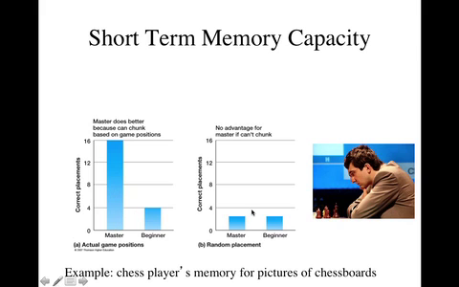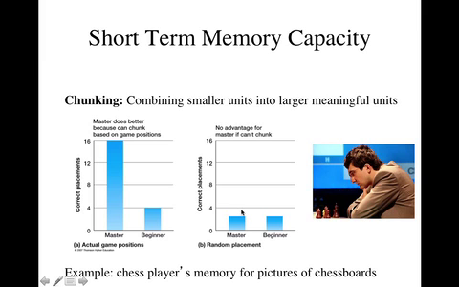The suggestion is that the reason they're able to remember actual game positions is because they can chunk a configuration into a single item, and then they can remember more of those, whereas a beginner is not able to chunk and therefore has to remember the individual pieces. With a random placement, even the chess player is not able to chunk anymore because these are not meaningful configurations, not tied to long-term memory, and therefore will be just as poor as the beginner in remembering the locations of those chess pieces.